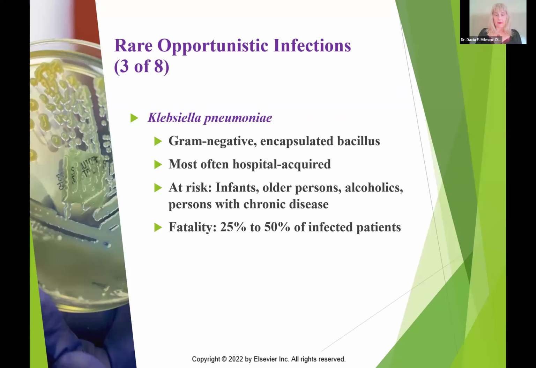The fatality rate for Klebsiella pneumoniae is 25 to 50%. Remember that number because it's pretty high. So yes, it's a rare respiratory infection that causes pneumonia. And there's a 25 to 50% mortality rate, so that's not good.